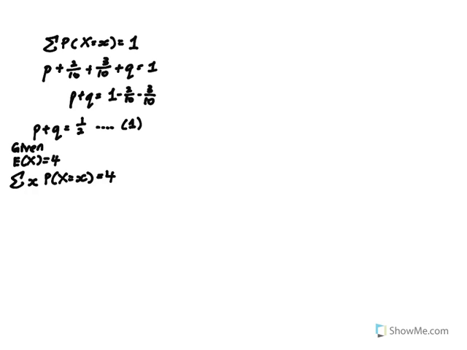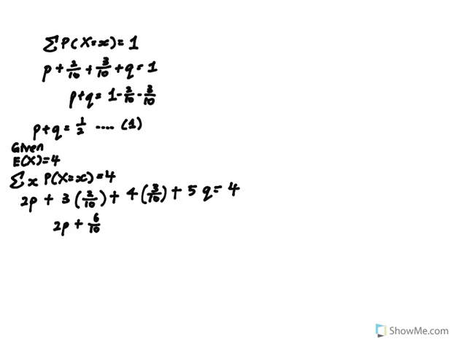This means that if I add up, I have 2 multiplied by p plus 3 multiplied by 2 over 10, so multiplying all the x values, this is equal to 4. Simplifying this gives us 2p plus 6 over 10 plus 12 over 10 plus 5q equals 4. So 2p plus 5q should be equal to 11 over 5.